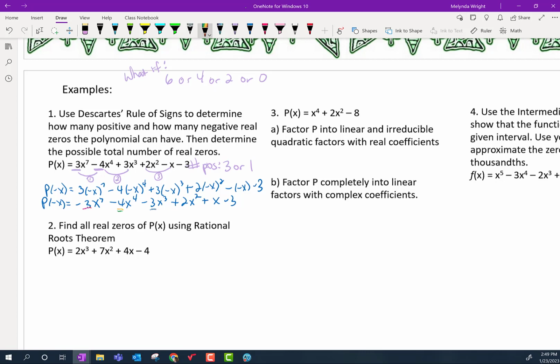When I go from a negative 3 to a 2, there we go, that's one sign change. When I go from a 2 to a 1, no sign change. When I go from a positive 1 to a negative 3, oh, there's another sign change. So there's 2. Okay, so number negative are going to be 2 or 0.